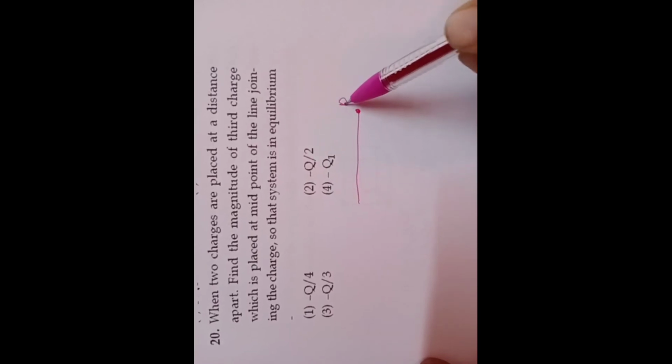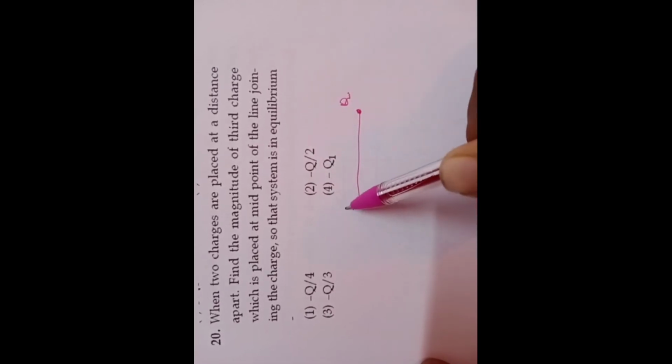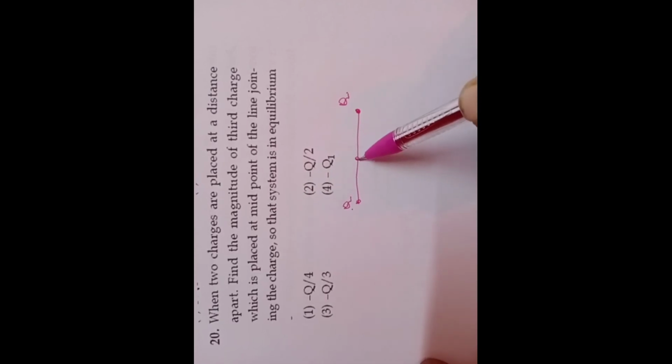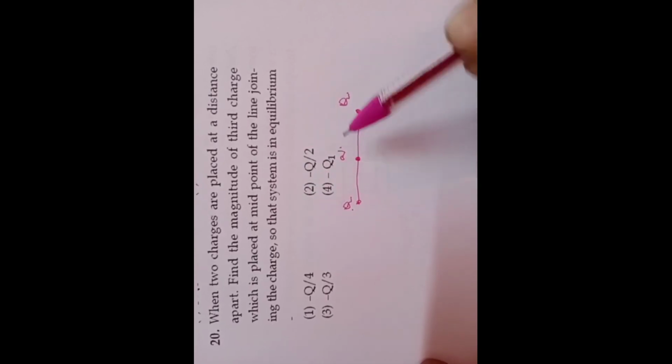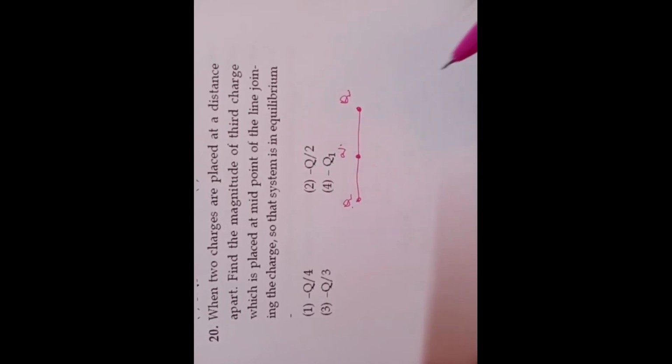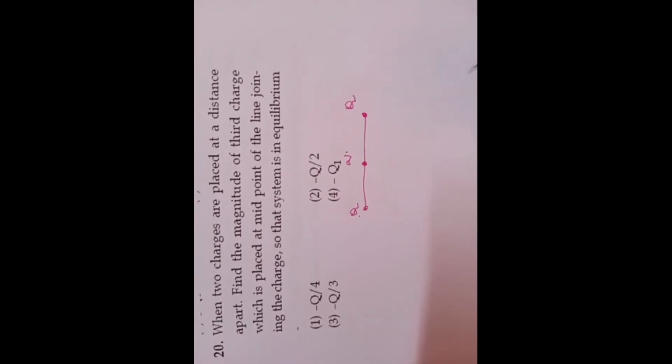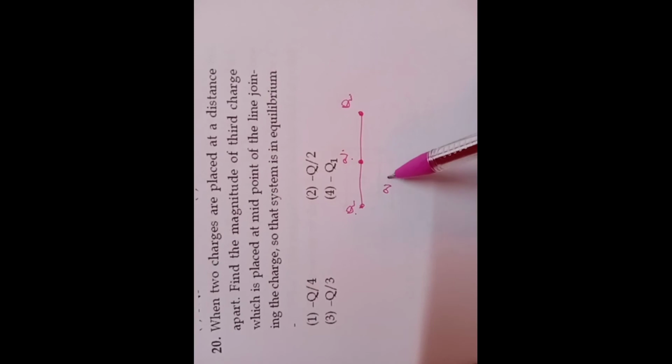So here two charges are there, capital Q and capital Q. In between them, third charge is placed at midpoint so that all the charges are in equilibrium. So net force on any particular charge is equal to 0. What is the magnitude of there? Already we discussed. Just go through it.